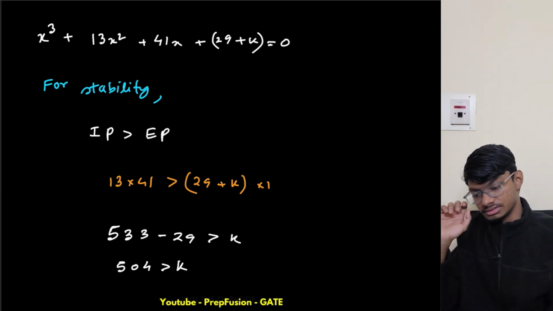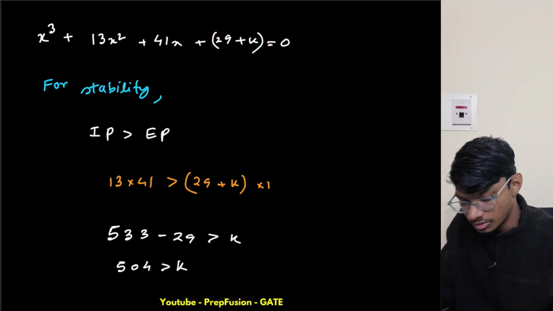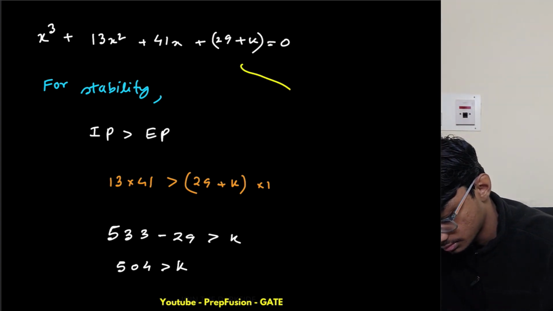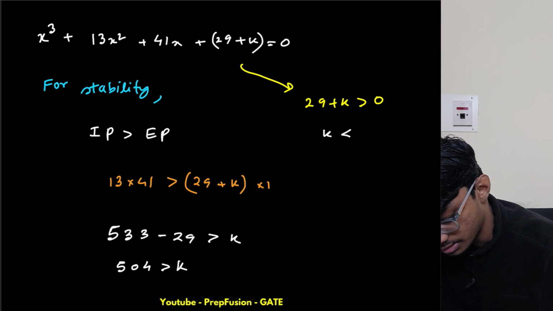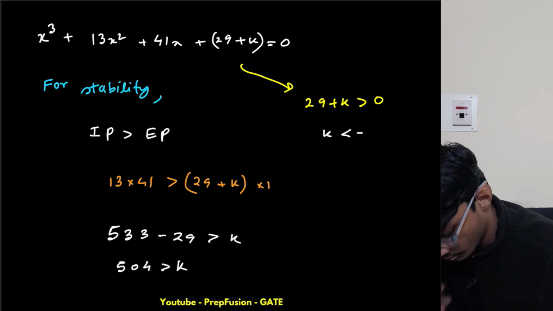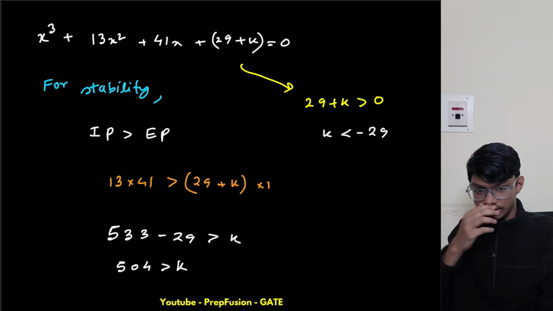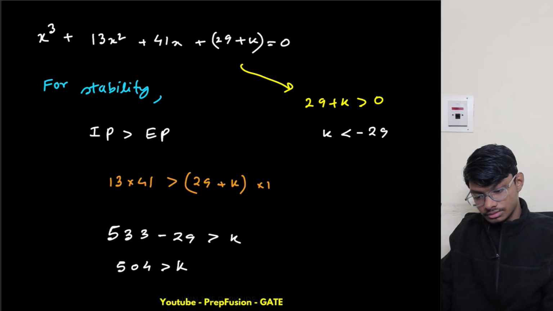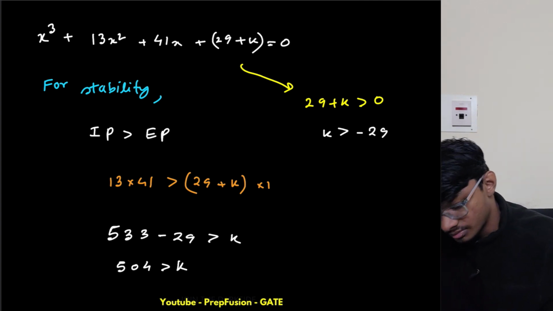Is there any other condition? Yeah, the other condition is there. These are positive, so all the coefficients should be positive. Also 29 plus k should be greater than 0. So k has to be greater than minus 29.